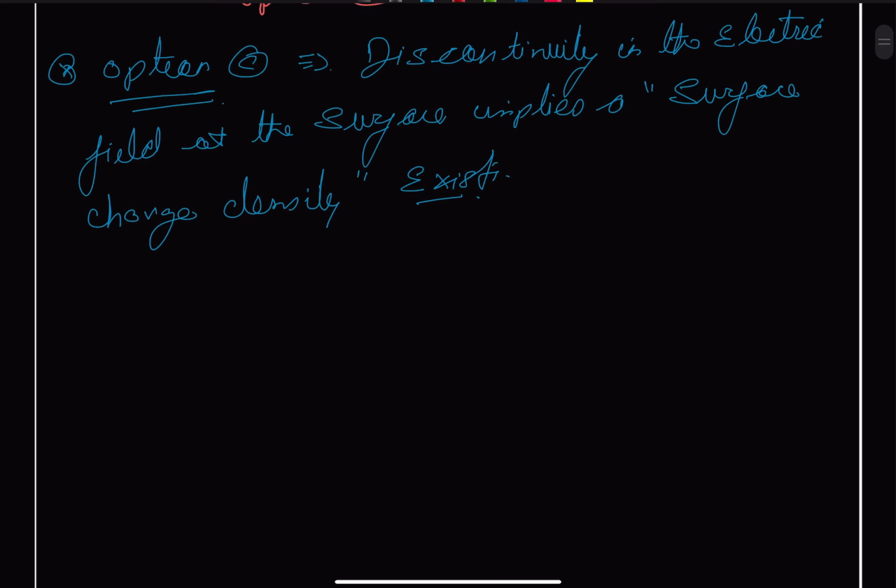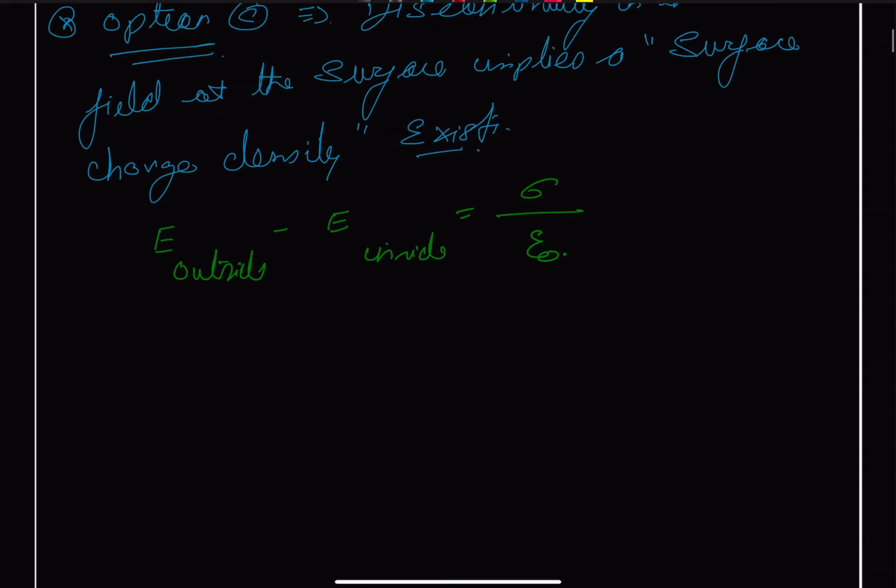We can also write it mathematically. Mathematically, we can write it as that our electric field outside minus electric field inside will be giving us sigma upon epsilon naught. But we know that our electric field E is equal to 0 inside, because we just found out that the potential is constant inside, so therefore electric field is 0 inside.